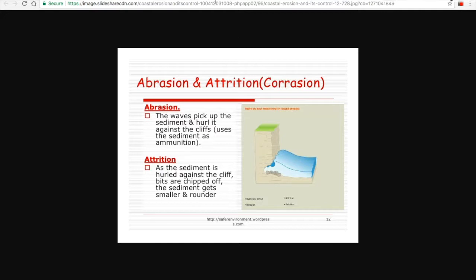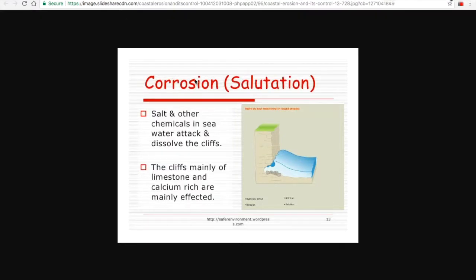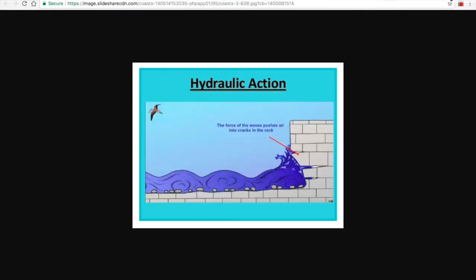S, solution rather, is when the chemicals in the sea water attack and dissolve the cliff. And then the final one is hydraulic action. It's when the water seeps through the cracks of the rock and then breaks it down.